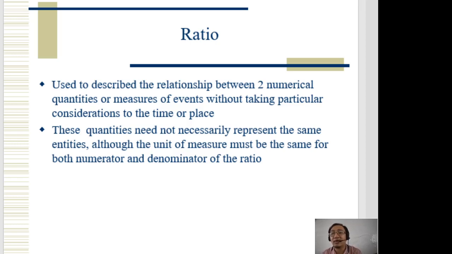Although the unit of measure must be the same for both numerator and denominator of the ratio. For example, the sex ratio: how many males are there compared to the females?